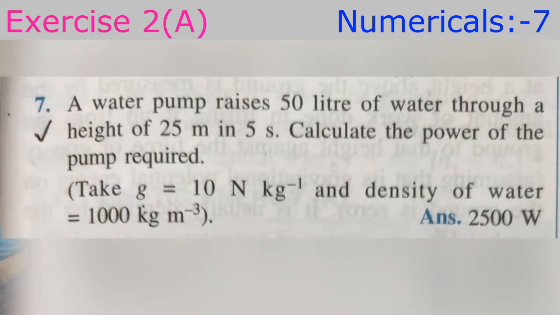In the next question, the water pump raises a water of 50 liter through a height of 25 meter in 5 seconds. Calculate the power of the pump required. Take g is equal to 10 Newton per kilogram and density of water is equal to 1000 kilogram per meter cube.